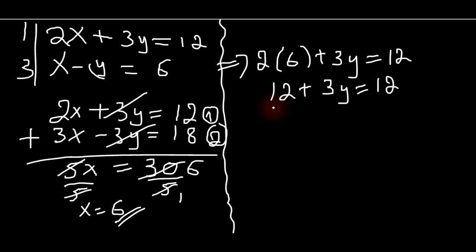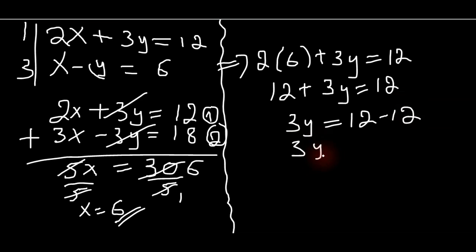I'm going to carry 12 to the right hand side of the equation, which will be 3y equal to 12. When the 12 goes to the opposite side of the equation, the sign actually changes. So minus 12. So 3y is equal to 12 minus 12, which is 0.